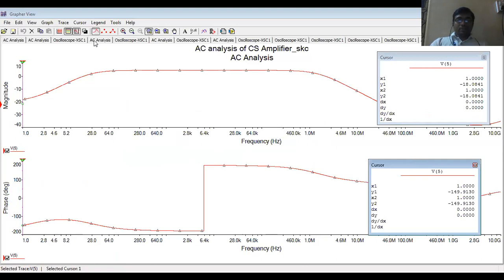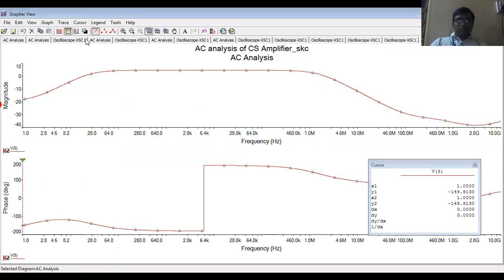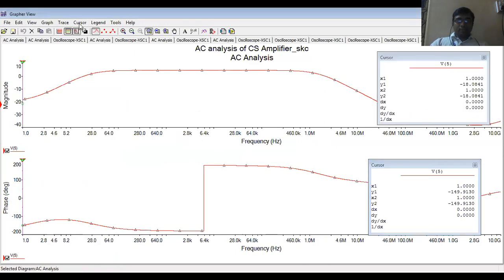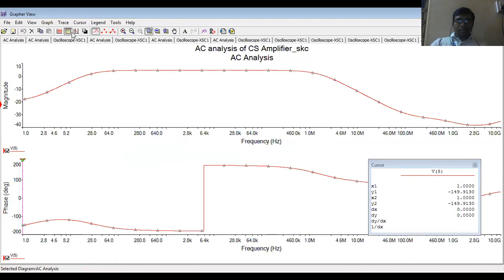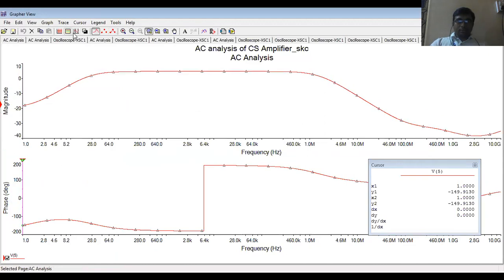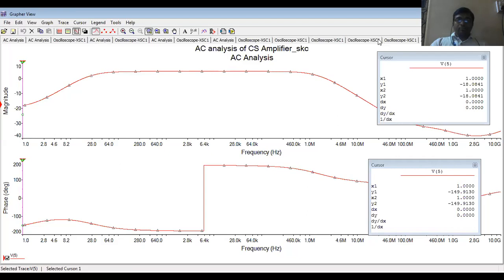To see the frequency response here, we also have to select the scales. Scales are chosen by this. Now how to use these scales? First of all, bring both the scales to the maximum value of your curve.